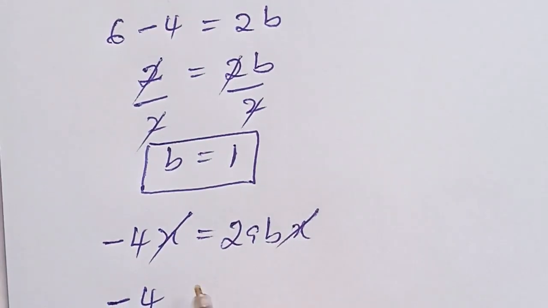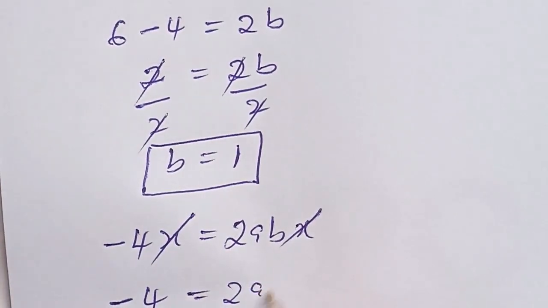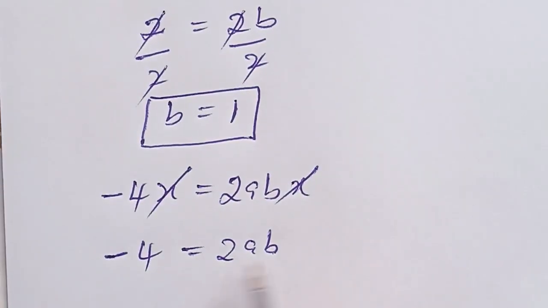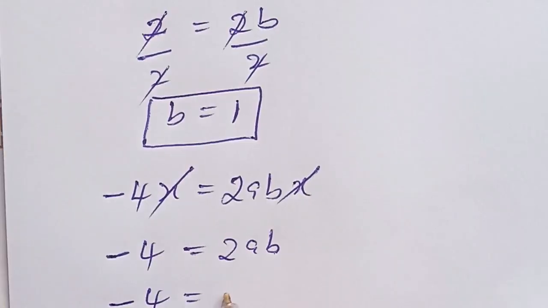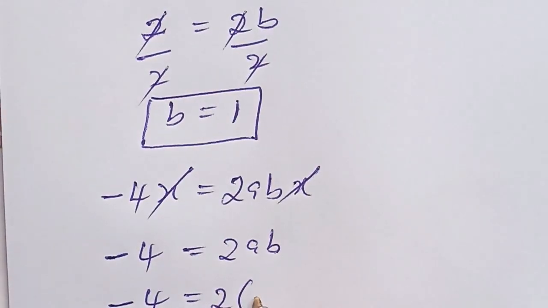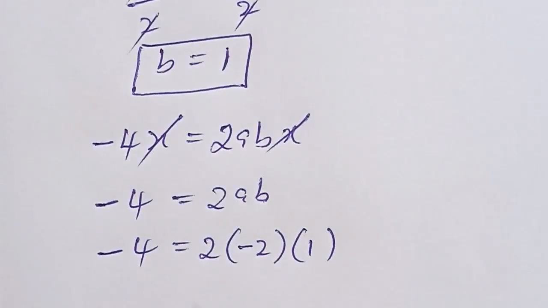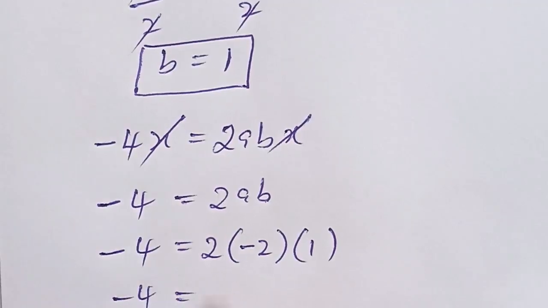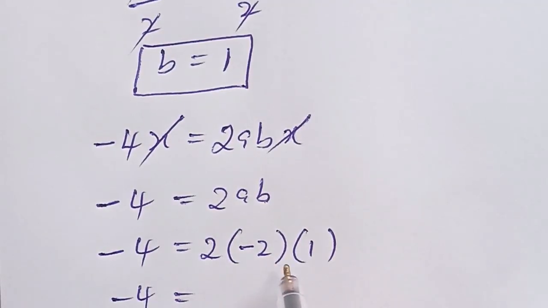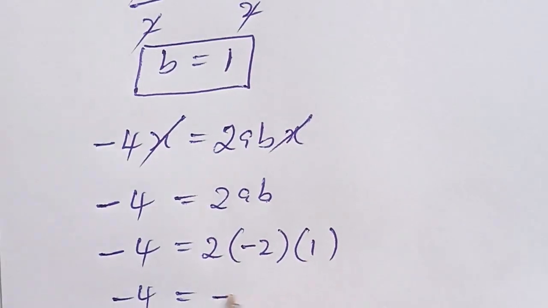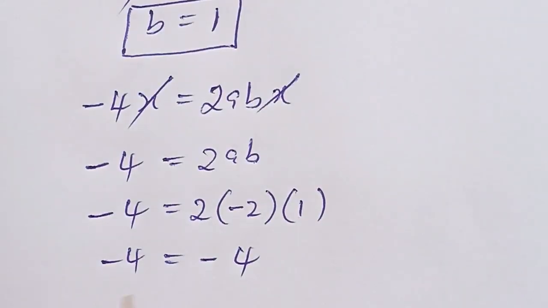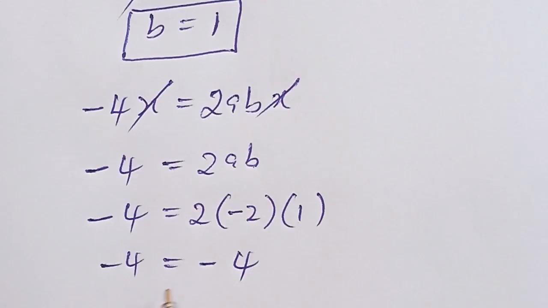We have minus 4 is equal to 2ab. If we substitute the values of a and b, we have minus 4 equal to 2 times (a is minus 2, then b is 1). If we multiply the right hand side, we have 2 multiplied by minus 2, then multiplied by 1, we have minus 4. So we can see they are equal. We have compared this and they are equal.